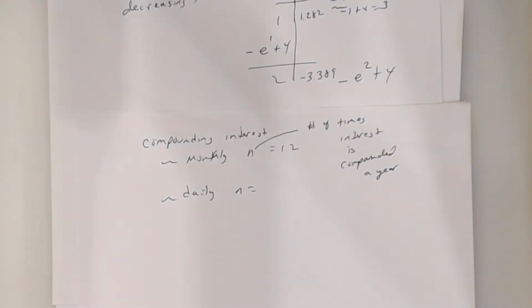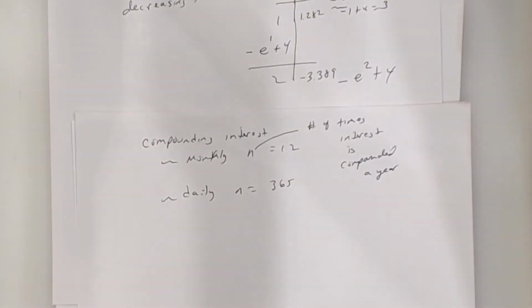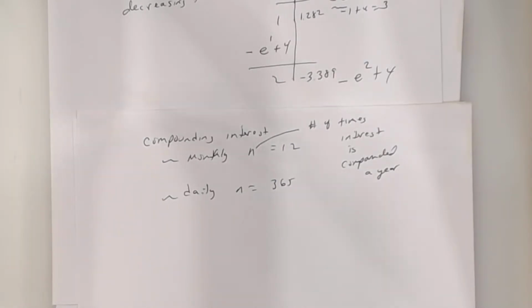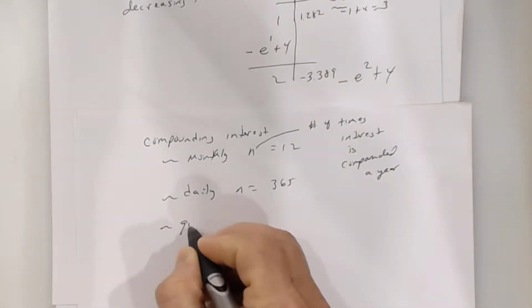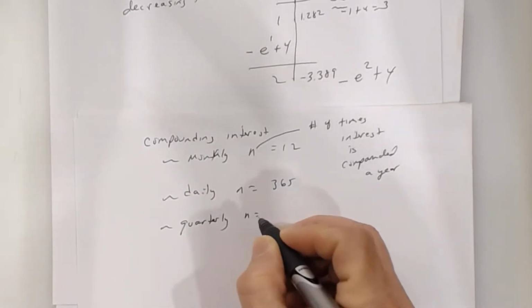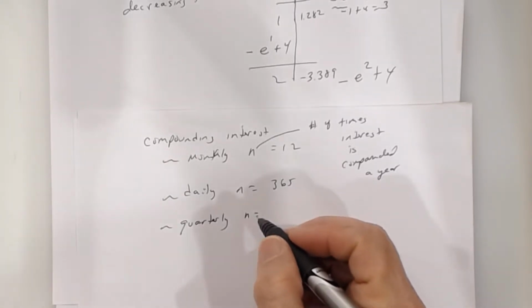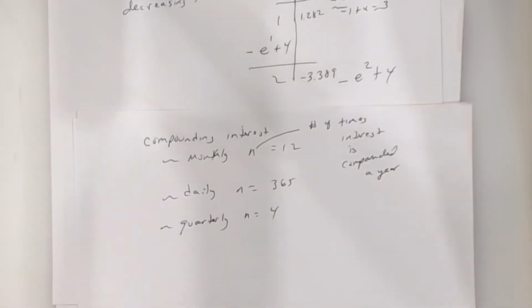How many days are there in a year? 365. If it's quarterly, 4 times a year. Every 3 months, how many months are there in a year? 12. How many groups of threes are there? 4. So N is 4.